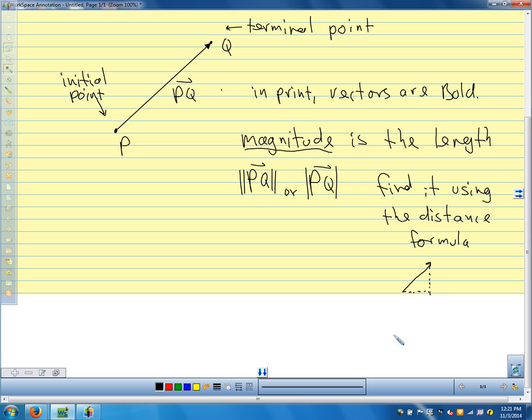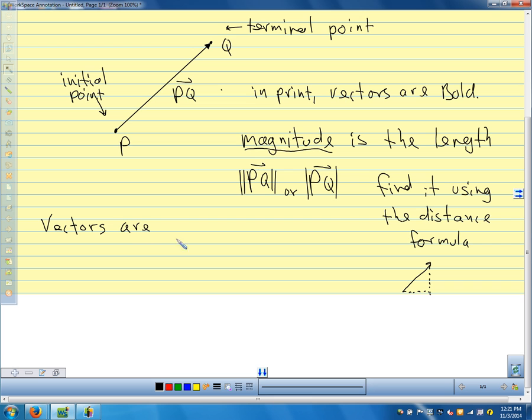All right, we good so far? All right, vectors are equal. Yes? We'll do an example. We'll write it down next.